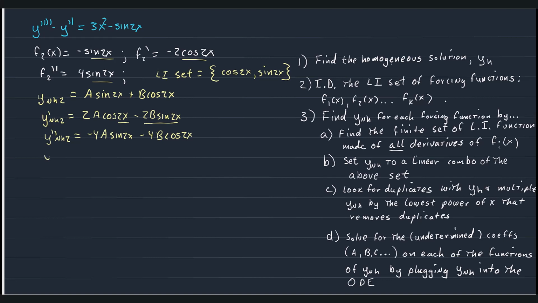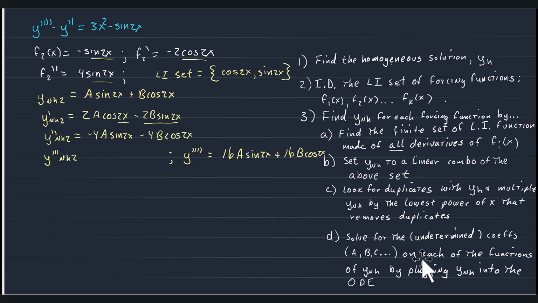We would evaluate the third derivative, which I'll let you do on your own. And then finally, the fourth derivative is equal to 16a sine 2x plus 16b cosine 2x.